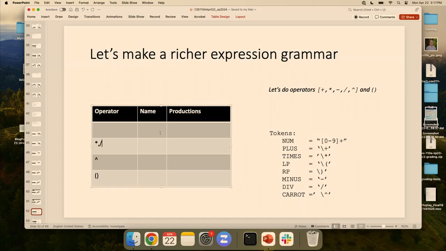Exactly, left to right. So in associativity, we will disambiguate them. And what's up here? Plus, minus. Okay, so then I'm going to call this expr, let's call this term, factor, unit.